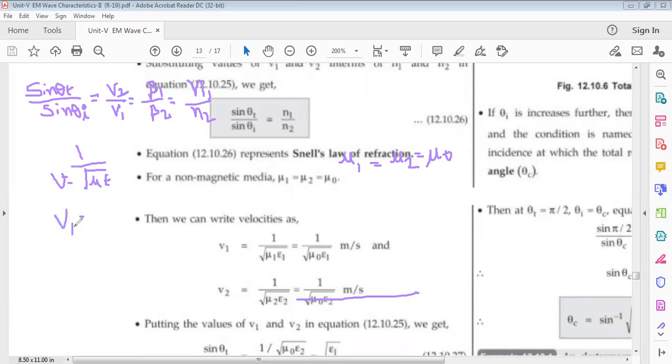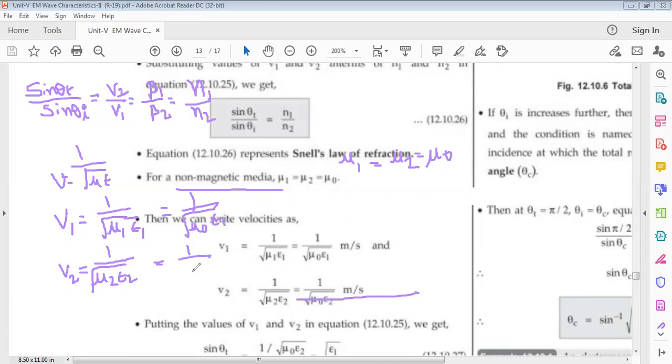So V1 is equal to 1 by the square root of mu1 epsilon 1 in medium 1, and in medium 2 the velocity V2 is equal to 1 by the square root of mu2 epsilon 2. In the non-magnetic medium, considering mu1 and mu2 equal to mu naught, V1 is equal to 1 by the square root of mu naught epsilon 1, and V2 is equal to 1 by the square root of mu naught epsilon 2.